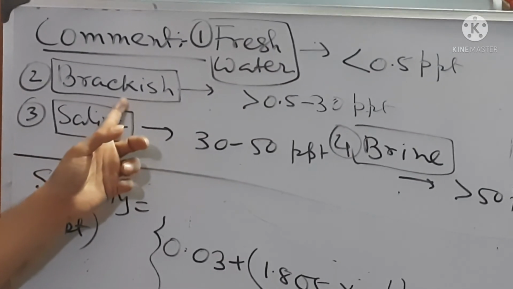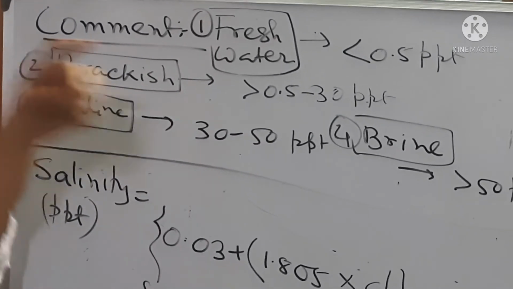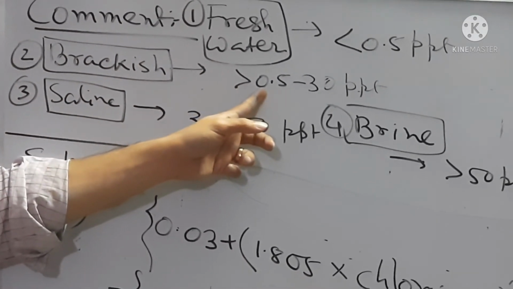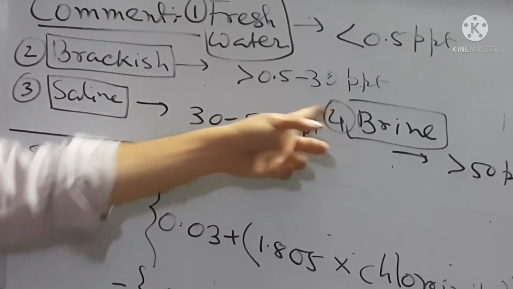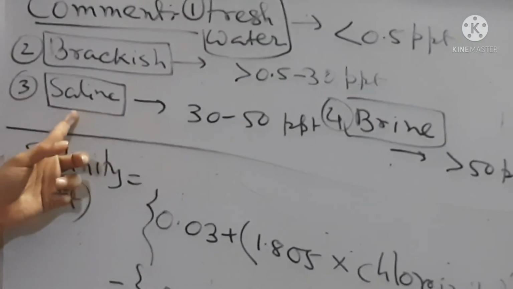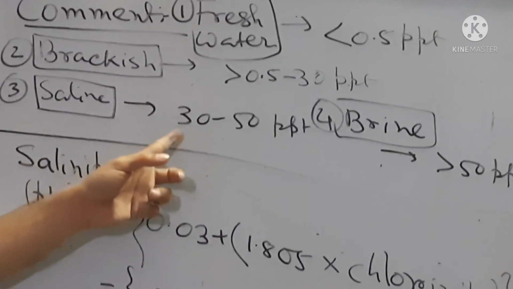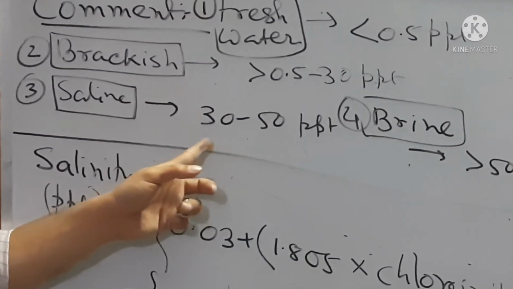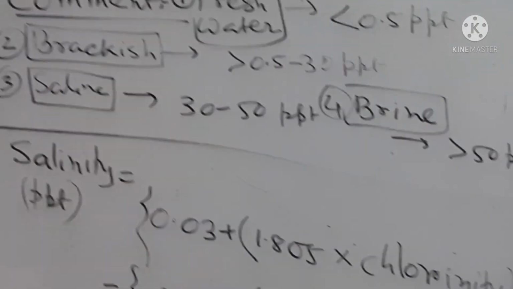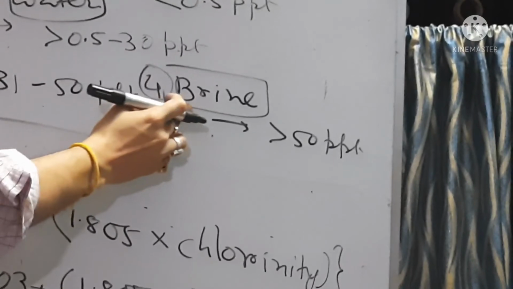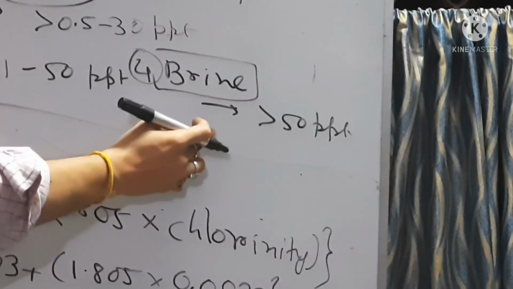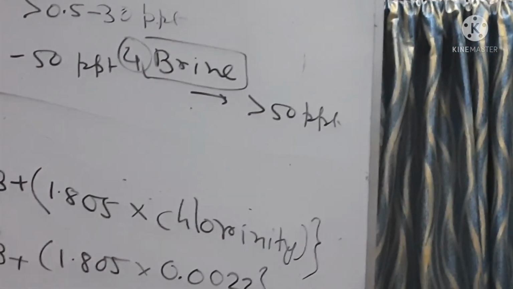For brackish water the range of salinity must be greater than 0.5 ppt but within 30 ppt. For saline water the range of salinity is between 31 to 50 ppt, and for brine water the salinity must be greater than 50 ppt.